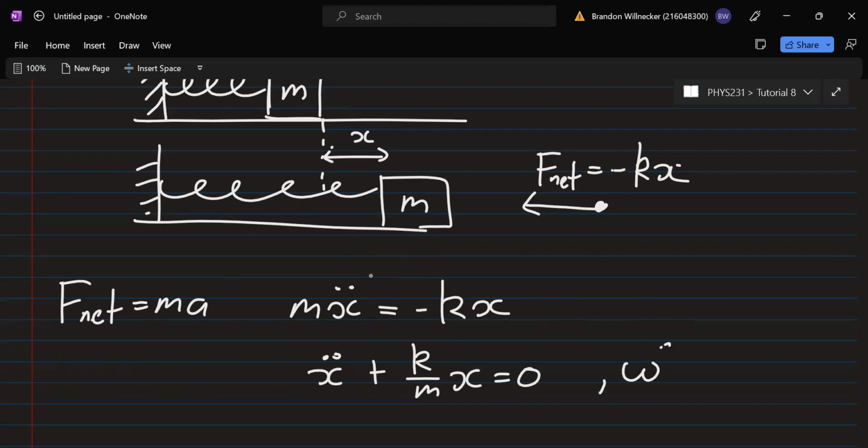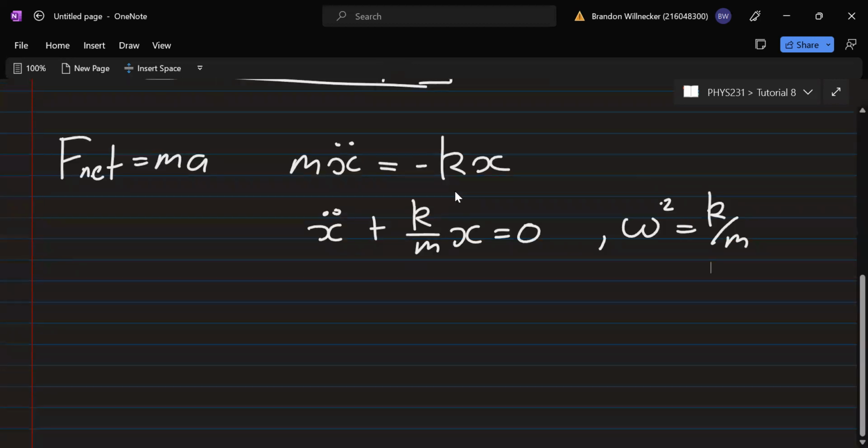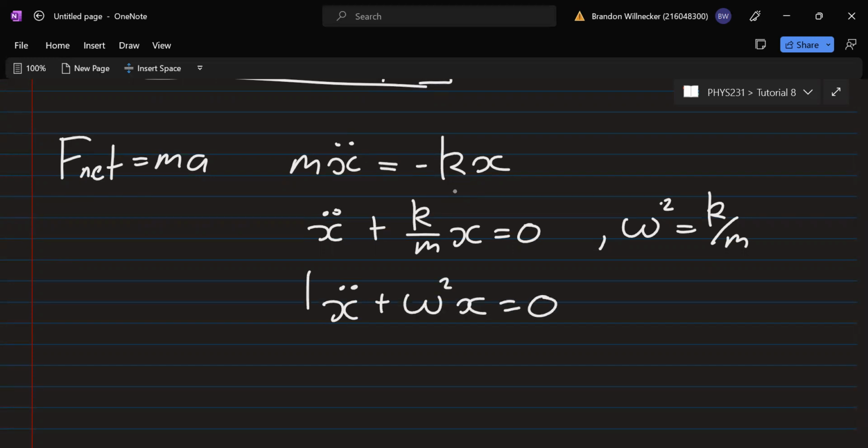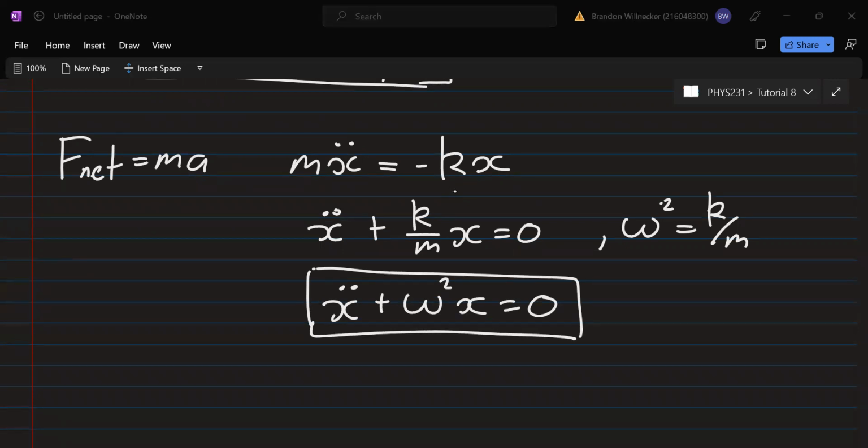And usually we define omega squared is equal to k over m, the frequency of oscillation, omega. So x double dot plus omega squared x is equal to 0. And we've seen this equation many times now. That is for simple harmonic motion. So we can solve this analytically.